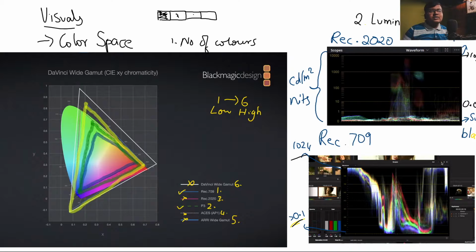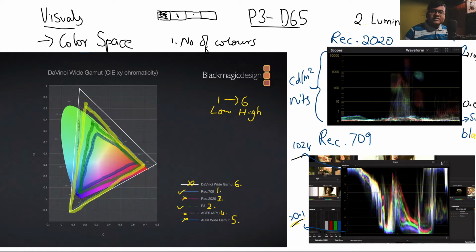Now let's head over to the visuals part, the color spaces. What are the usual color spaces used for DCP? In DCP, the main one used is P3 D65. Here you can see the difference between the color spaces like Rec 2020 and Rec 709.